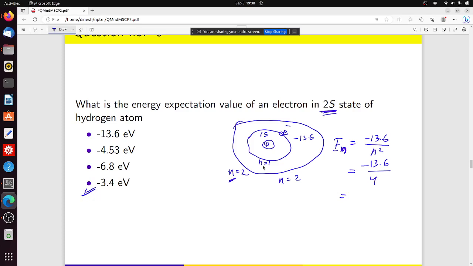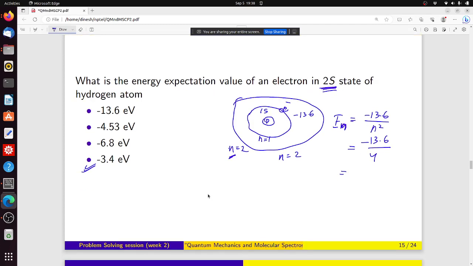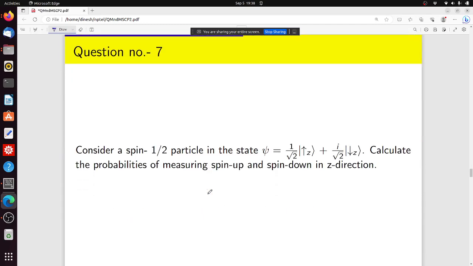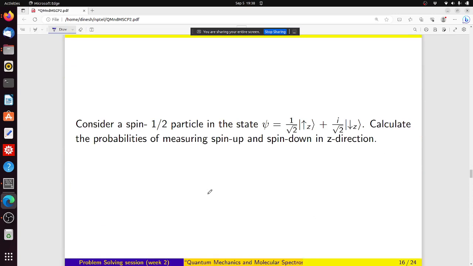It's a very, very simple question, right? So, okay, moving on to the next question. Consider a spin-up particle in this state psi, which is a linear combination of the up state and down state in z direction.